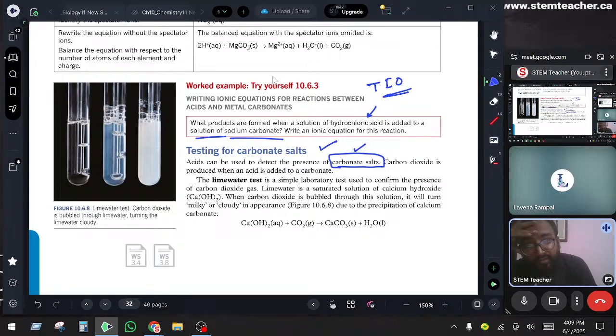So when acids react with carbonate salts, you will get carbon dioxide. So here the testing condition is the lime water test.